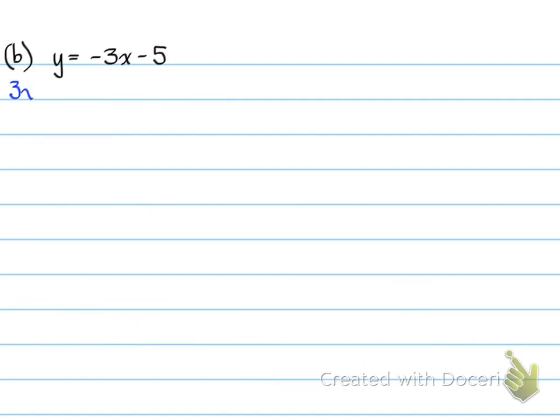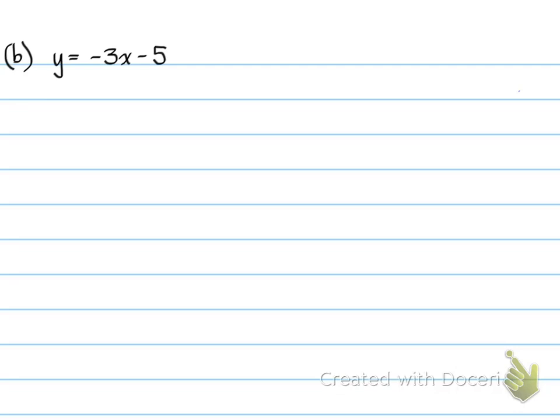Part B, y equals negative 3x minus 5. Move everything to the side where x is positive. So step 1 was to multiply by the lowest common denominator. Do we see a denominator? No, because there's no denominator here with fractions. We don't have to worry about it. If it was decimals, we would have to multiply to get rid of the decimals.